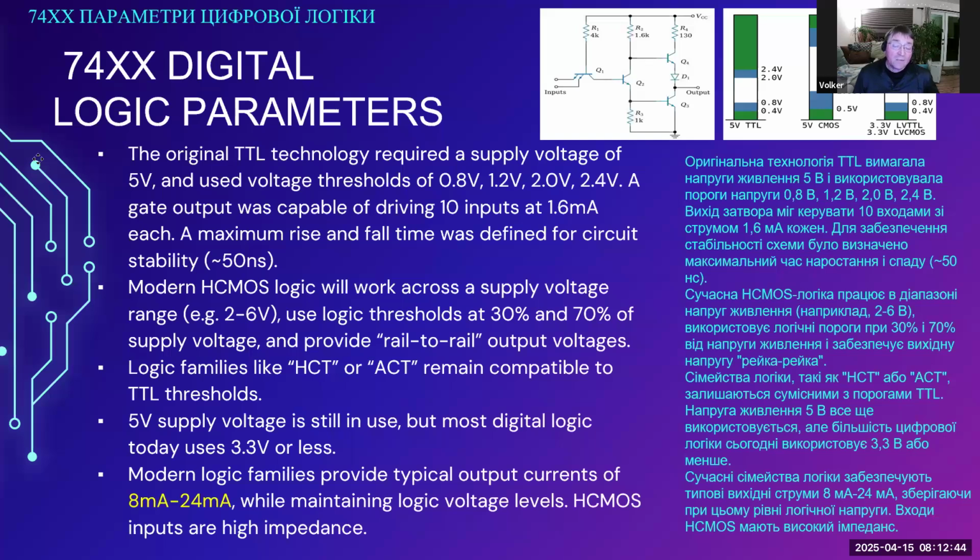So in general, the input thresholds are set at 30% and 70% of supply voltage, whatever the supply voltage may be. The output voltage is rail to rail, meaning the supply rail in high state and ground in low state, because they use MOSFETs for the output stage, and they do not require the extra resistor and diode.